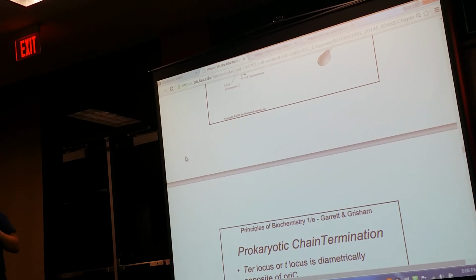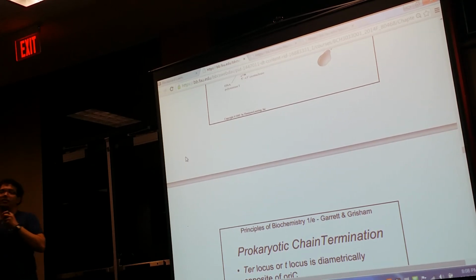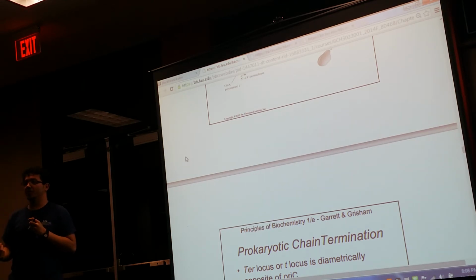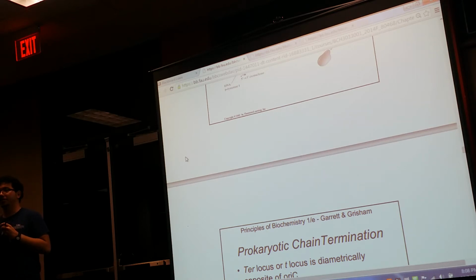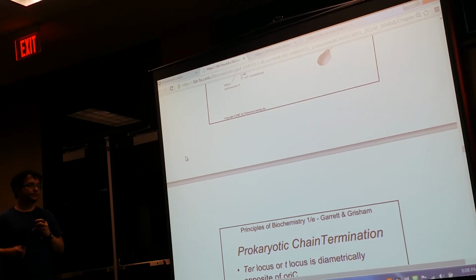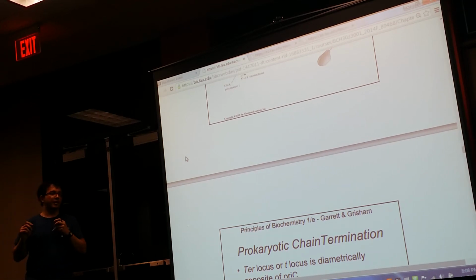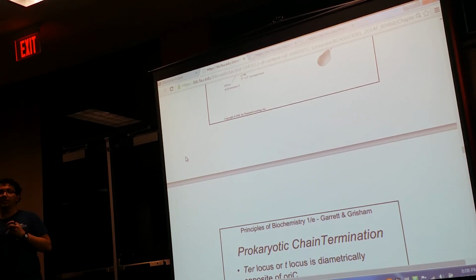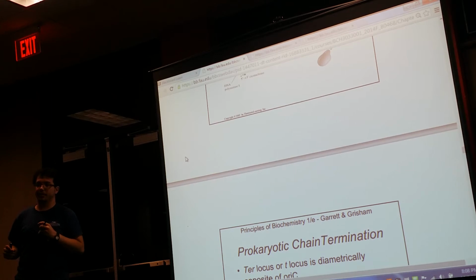Okay, so in talking about DNA replication, prokaryotic termination, we know that prokaryotic DNA is circular, which gives it a very nice advantage that it can finish replication when it reaches the what? What is that point called at the opposite end of the origin of replication? The ter locus, the termination locus. So when it reaches that point, termination occurs partly because what protein is at the ter locus? The TUS protein.